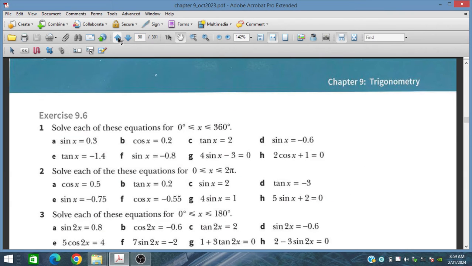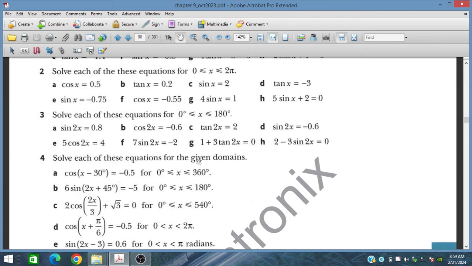Let's go to question number 3. Solve each of these equations for 0 to 180 degrees. Sin 2x is equal to 0.8, cos 2x is equal to minus 0.6, tangent 2x is equal to 2, and others.